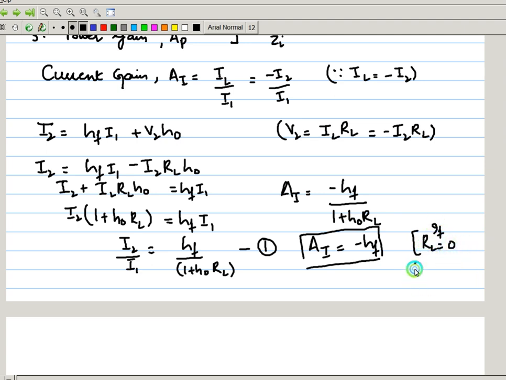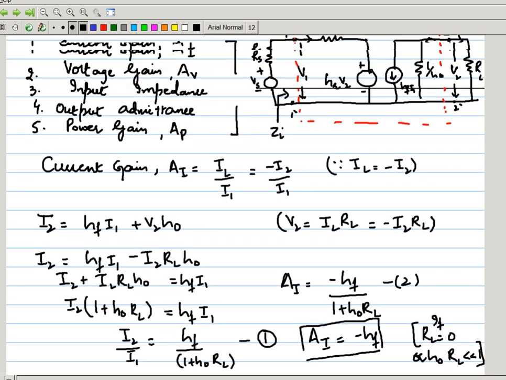If RL is 0 or HO into RL is much smaller than 1 so that it can be neglected, then only AI will be equal to minus HF. So this is the first parameter which we have found out using the H parameter model, that is the current gain.